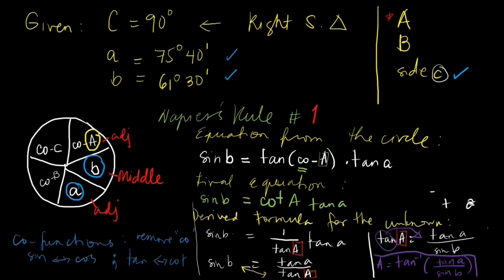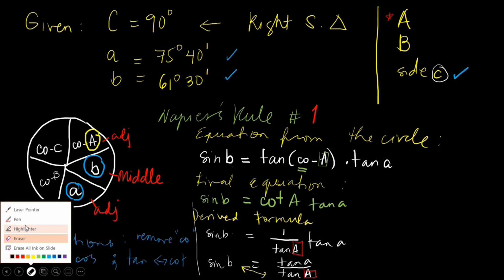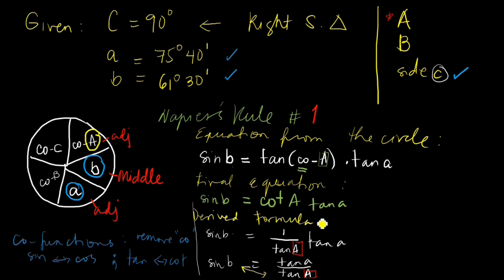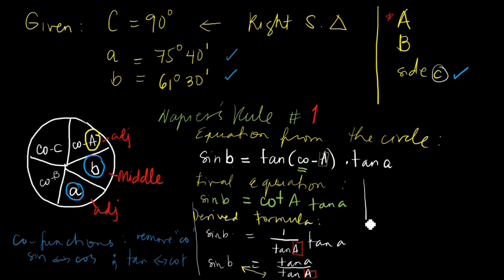So I'll just rewrite it: tangent of angle A equals tangent of side A over sine of side B.